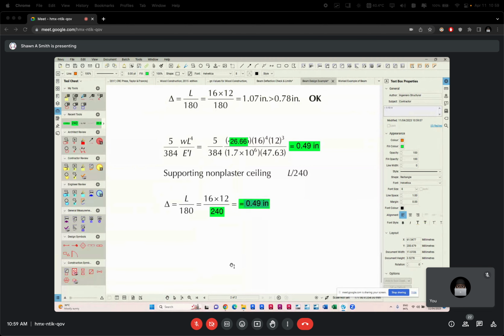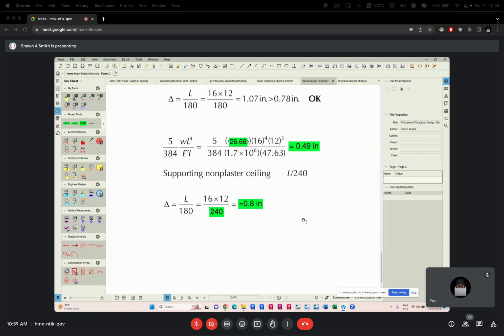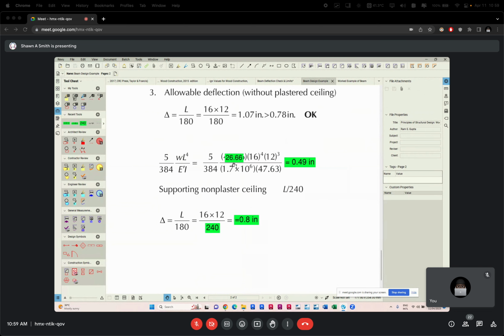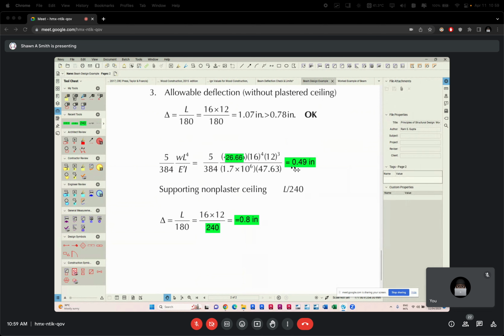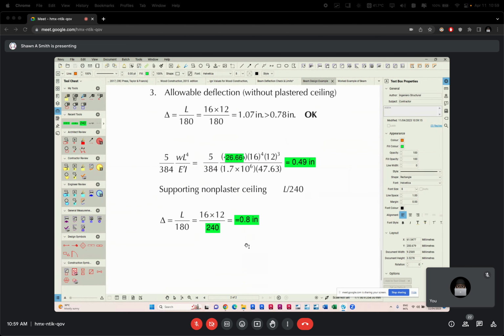Okay, fine. So for live load alone, we are allowed to have a deflection of up to 0.8 inch. And what did we get? We have something which is less than 0.8, don't we? So at the end, we can write 0.49 inch is less than 0.8 inch. In bracket, we put OK.